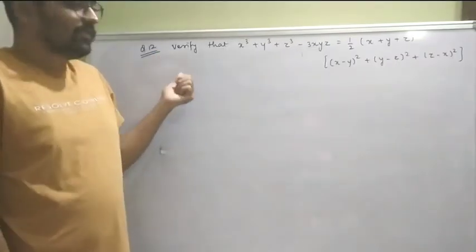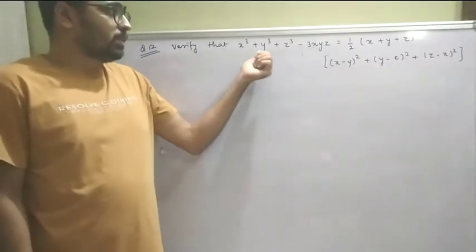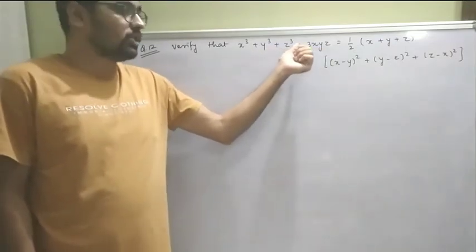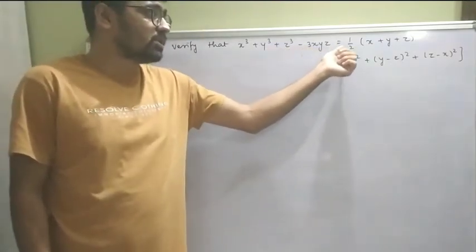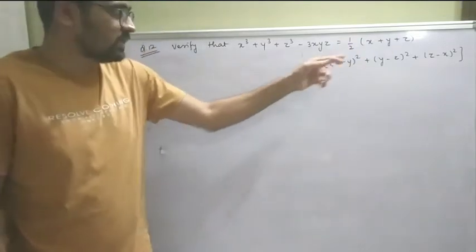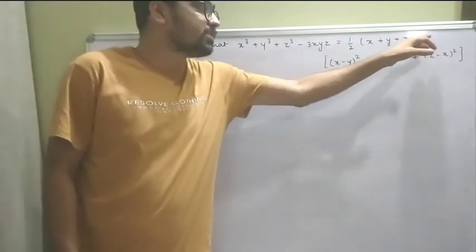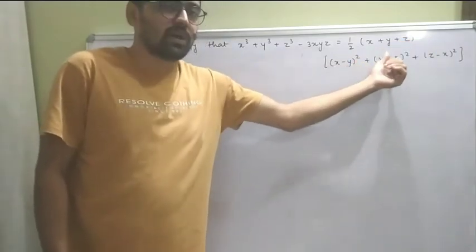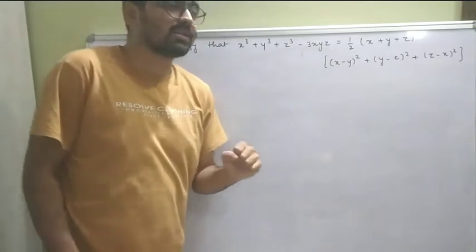Question number 12. Verify that x cube plus y cube plus z cube minus 3xyz is equal to half of x plus y plus z into, I didn't have that much space, that's why I wrote here, into x minus y whole square plus y minus z whole square plus z minus x whole square.